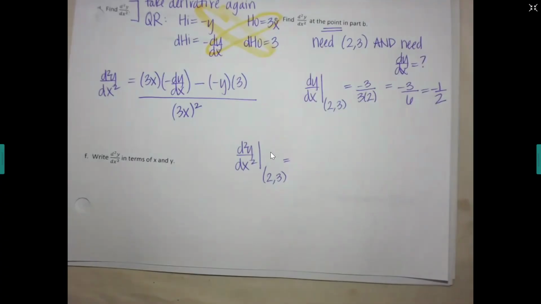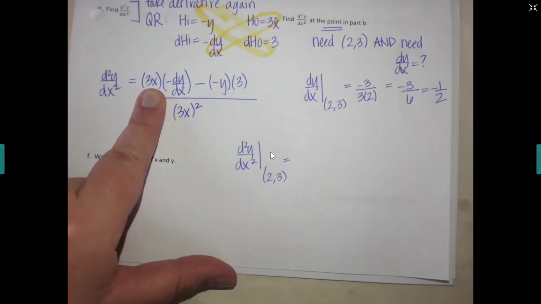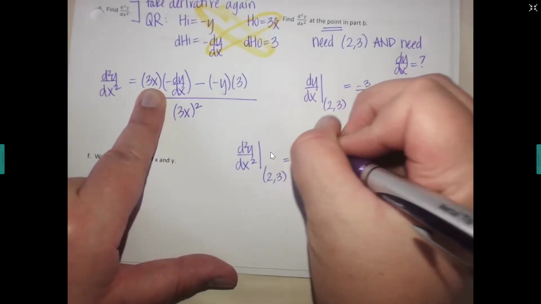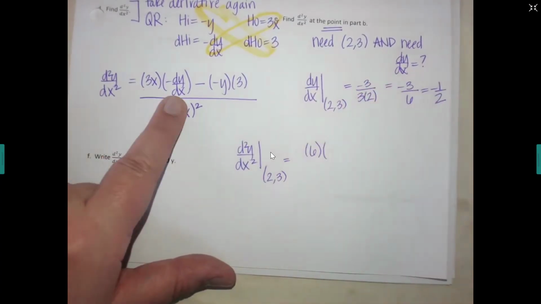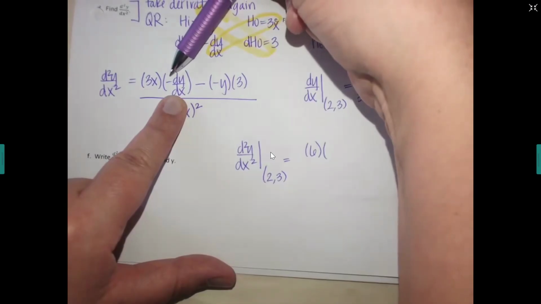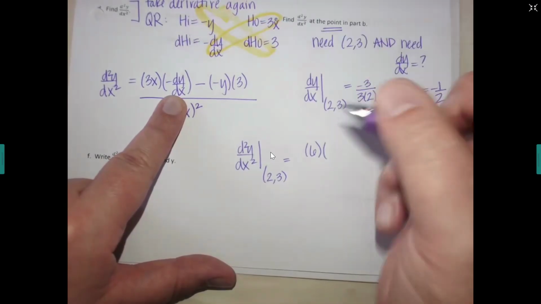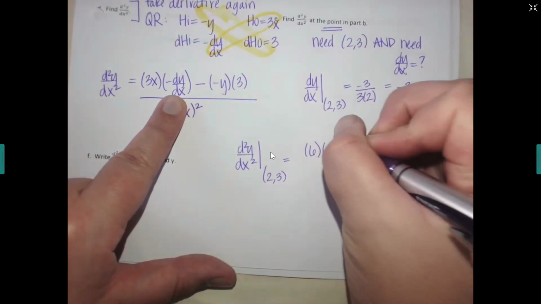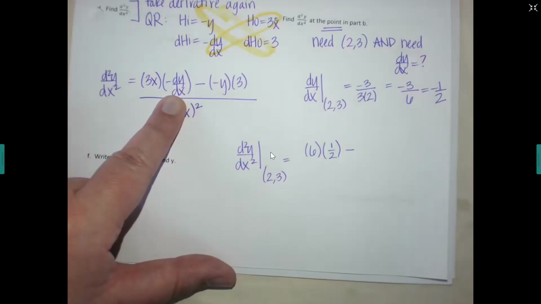So let's do it. 3 times x, what's my x? X is a 2, so that'd be a 6. What is my dy dx value? It's negative a half, but if I also have a negative in here, what will it be? Positive a half. Minus.